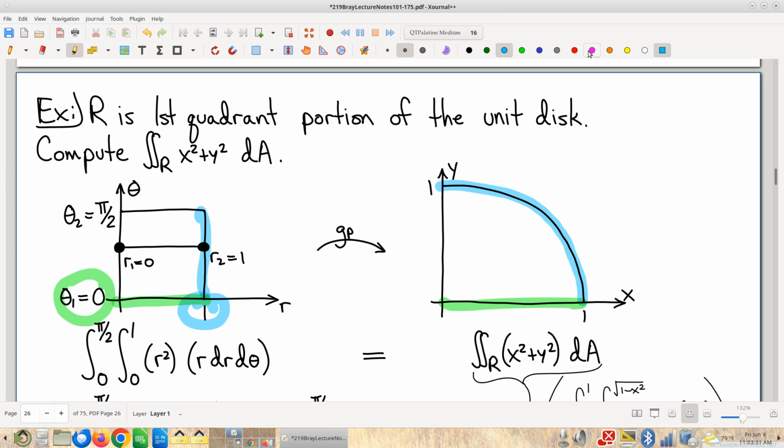Okay. Let's look at this edge. Theta is pi over 2, r goes from 0 to 1. That's this. And the weird one, that left edge of our proposed rectangular pullback domain, r is 0 for all of those points. And r equals 0, I don't care what theta is, goes to the origin in the xy plane.